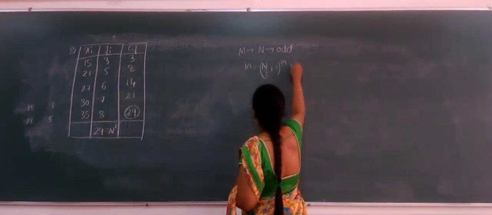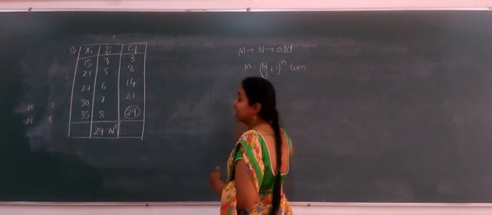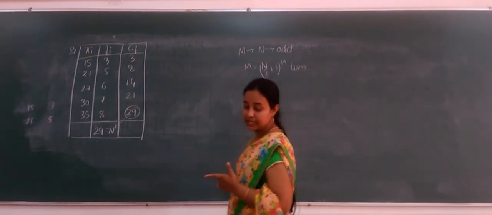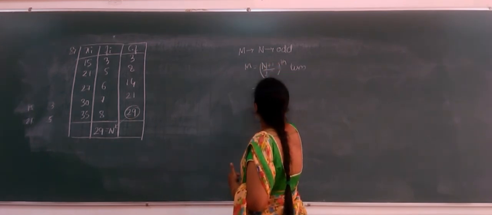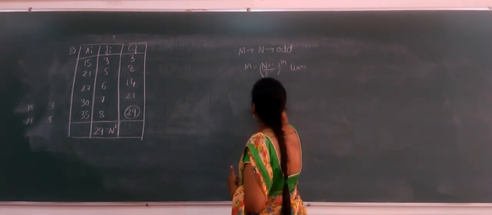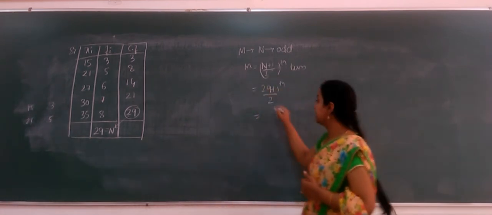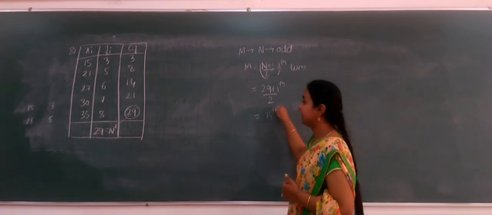Let this only be there, it will be simple for you. Now what is n? In our case it is 29. So it is 29 plus 1 by 2th term, or 29 plus 1 is 30, 30 by 2 is 15th.